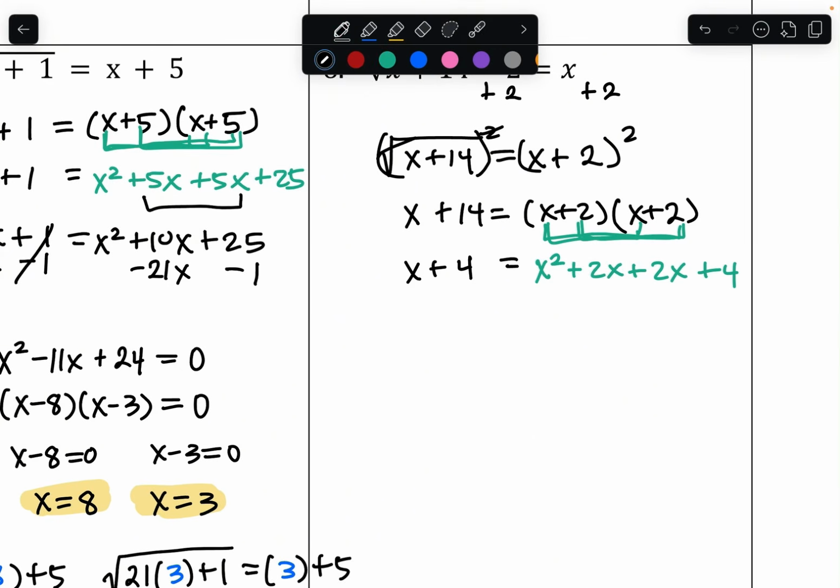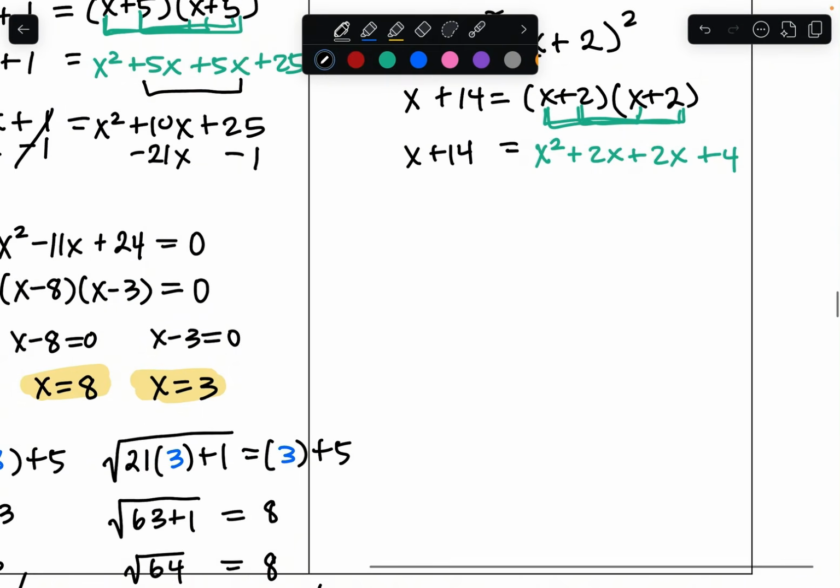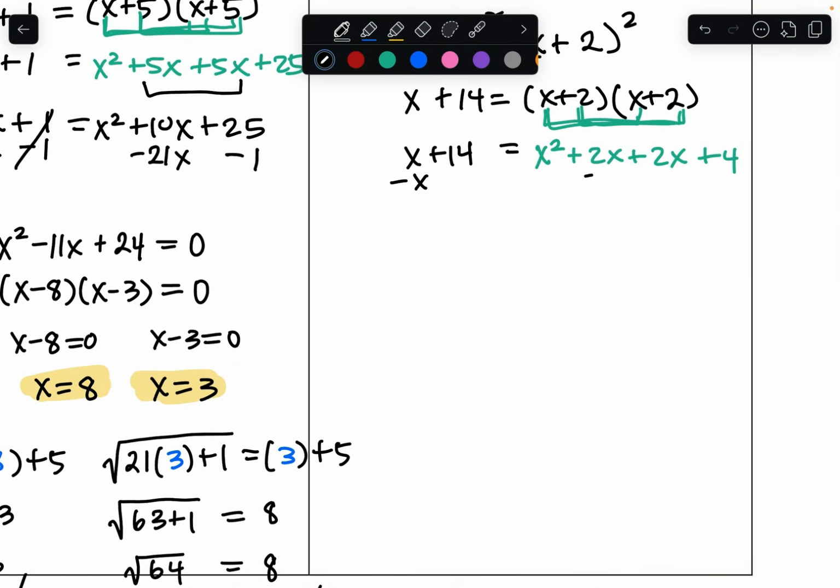Oh, I didn't combine my like terms yet. So combine these like terms. You don't have to do that first, it just keeps it simpler. Okay, we're dealing with another quadratic equation, so we have to get everything on the positive x squared side.